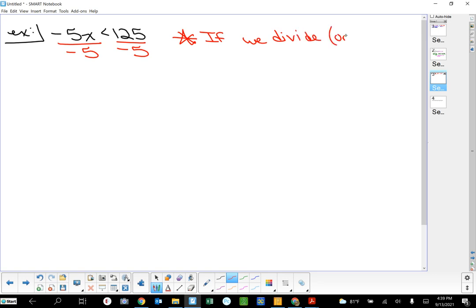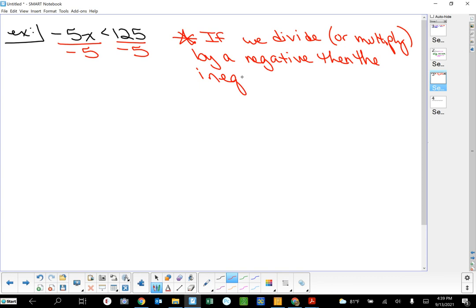if we divide or multiply by a negative, then the inequality symbol flips. Okay, so this is a big deal.